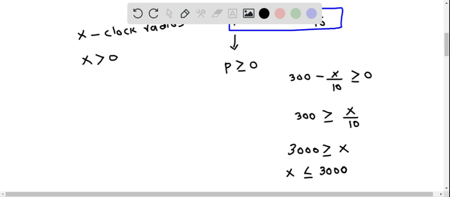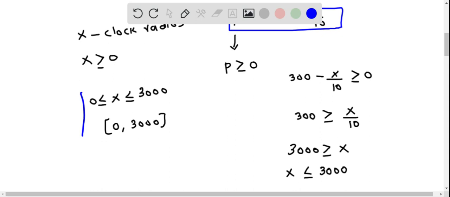So we see that x is greater than or equal to 0 and less than or equal to 3000. So this is the domain of the function p. We can write this in interval notation as 0, comma 3000. And so this is the domain of p.